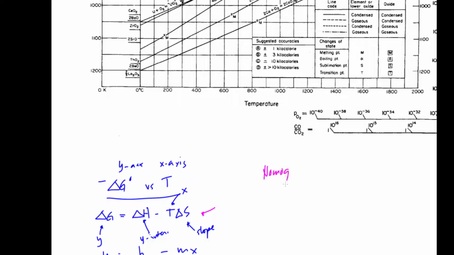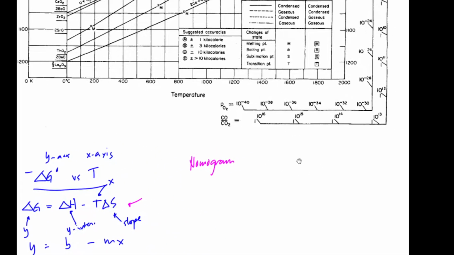Nomogram. So if you have a 2D diagram like this, usually we are dealing with only two variables, in this case negative delta G and temperature. So if we know delta G, kaya natin ma-compute si T. If we know T, kaya natin ma-compute si delta G, no.